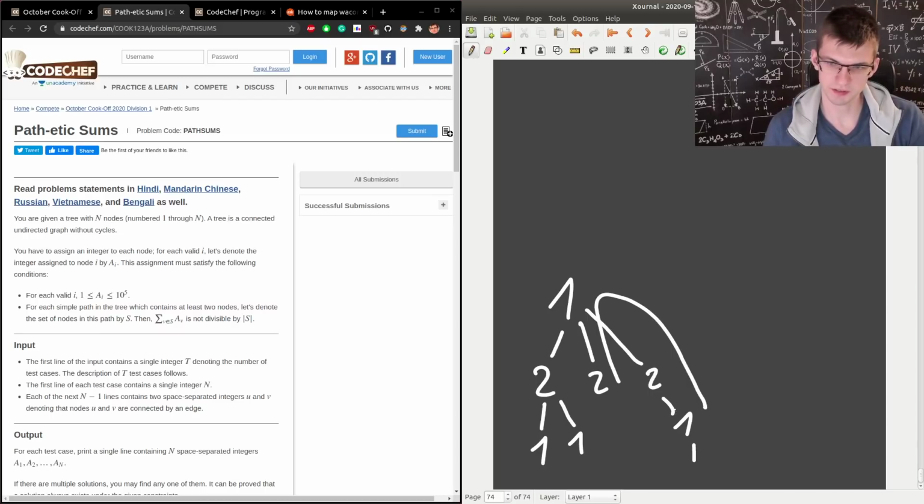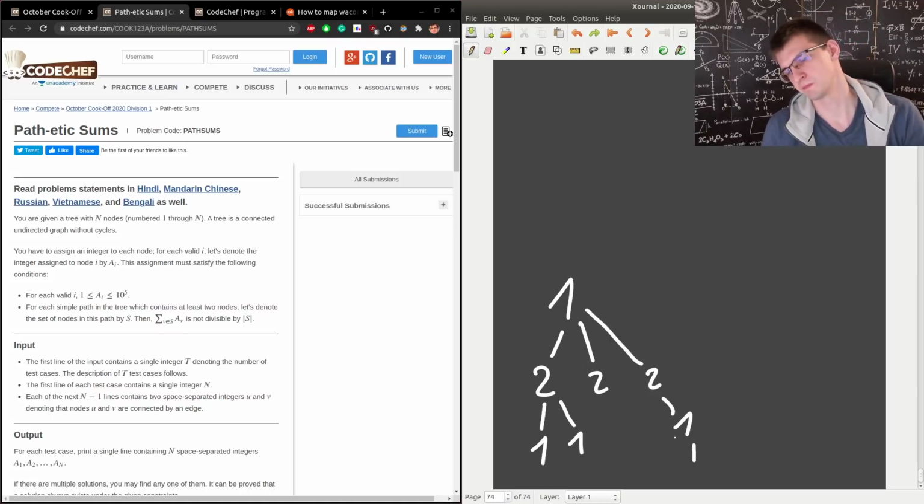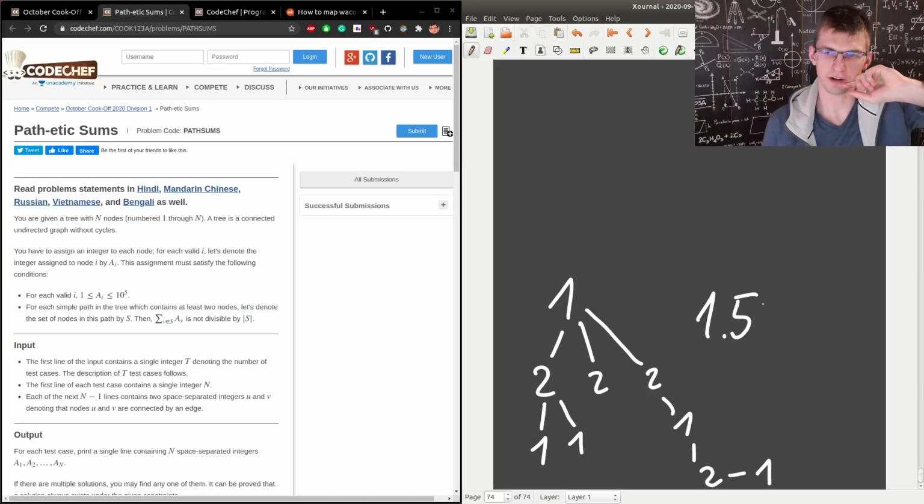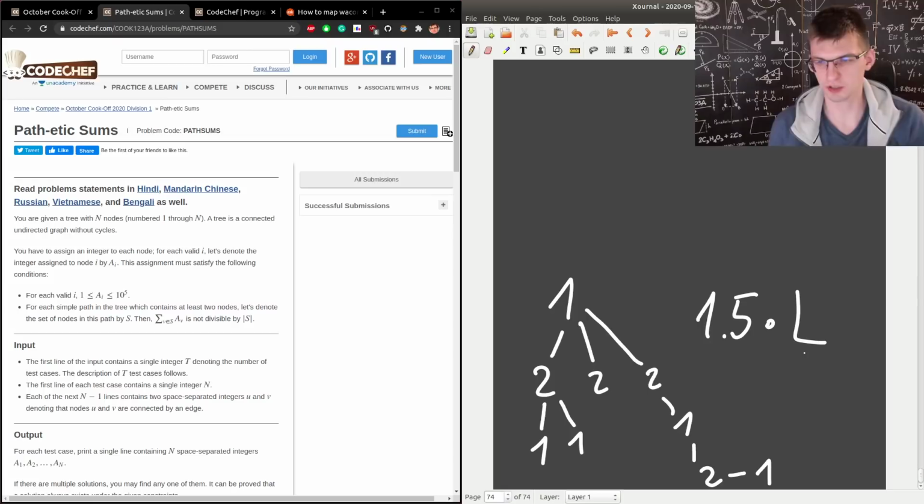It isn't, but it seems to be a coincidence. Oh, I see. If I do this forever, then for a path of length L, it will have a sum of values around 1.5 times L, so it will not be divisible.